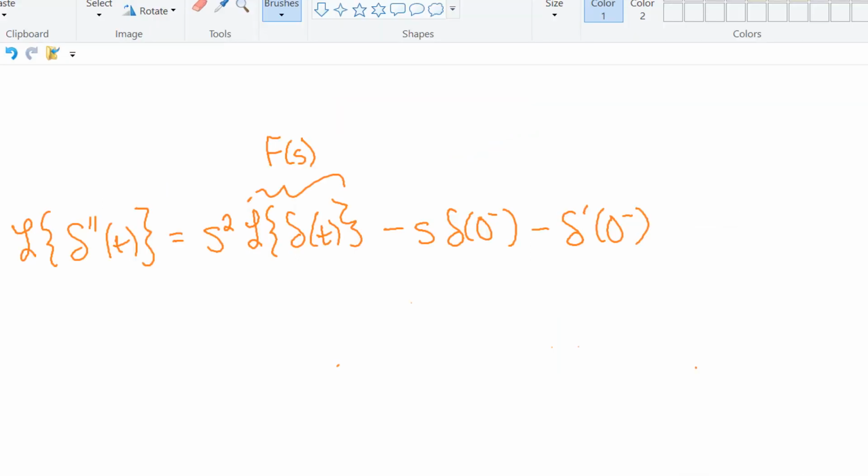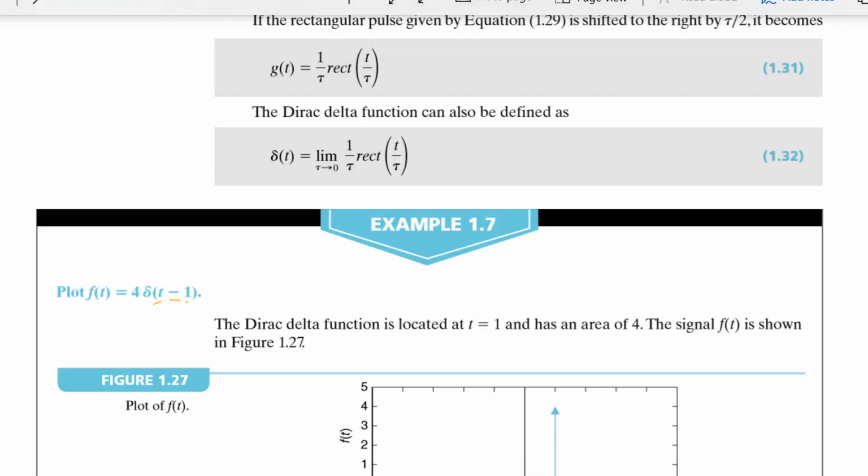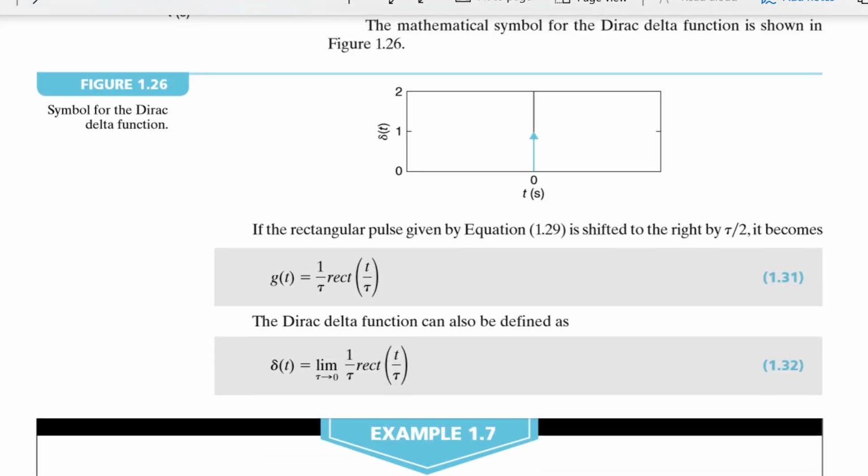So when we're looking at delta of 0 just to the left, that is right over here, well, there's nothing. So that part is just 0. And I'm going to draw it in orange just so you can see it here, because the next thing we need to do is evaluate the derivative just to the left.